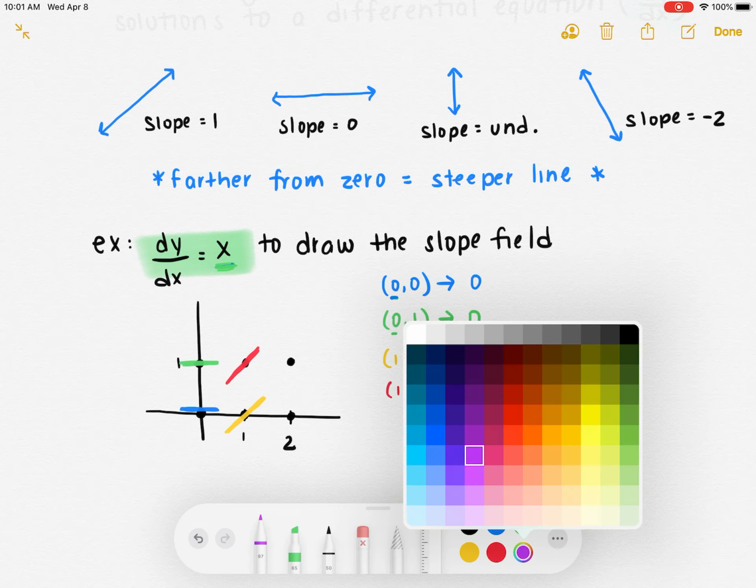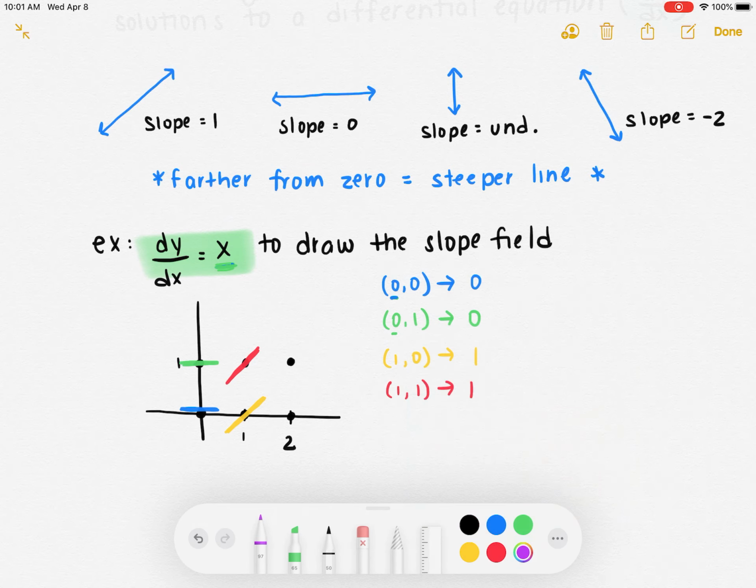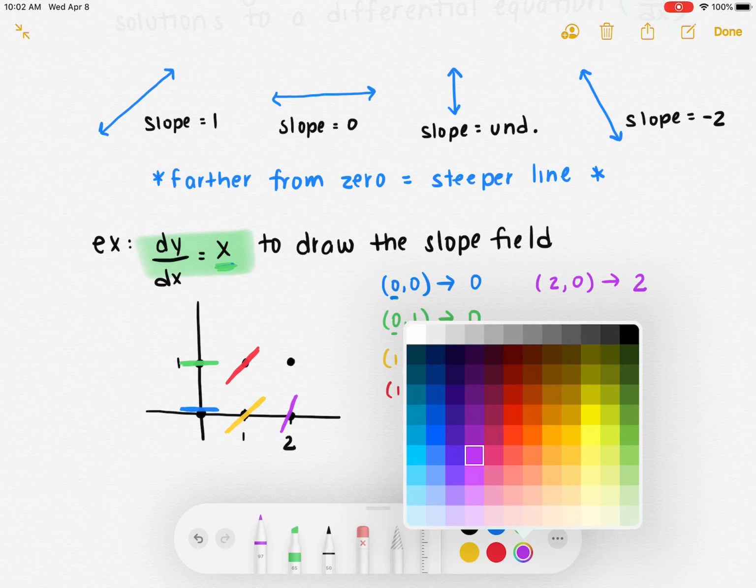And then my last points I'm going to try are 2, 0, which gives me a slope of 2. And I just want to make sure that when I draw my slope of 2, it's noticeably steeper than my slope of 1. They're not looking so much for it to be super accurate.